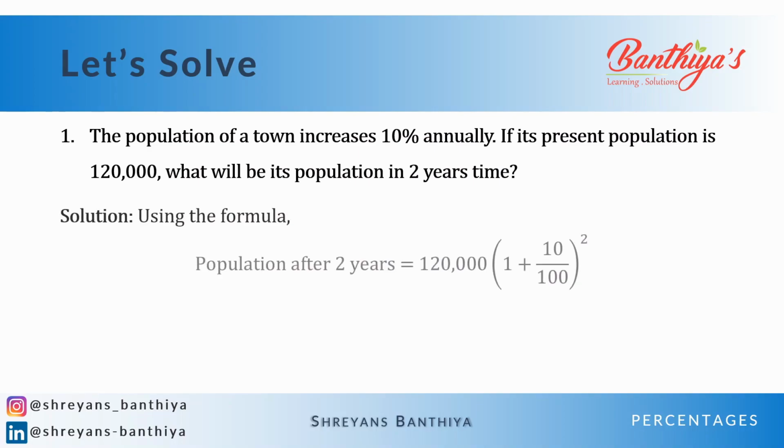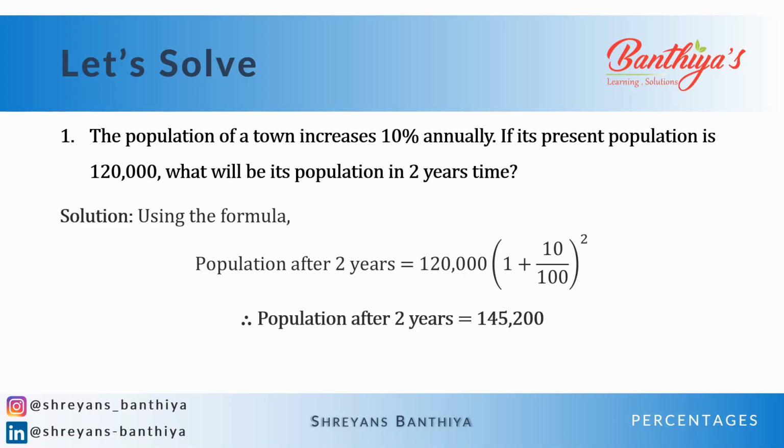So basically using the formula, we get population after 2 years equals 1,20,000 in bracket 1 plus the percentage given, 10 by 100, raised to 2 years, that is n. So by solving it we get 1,45,200.